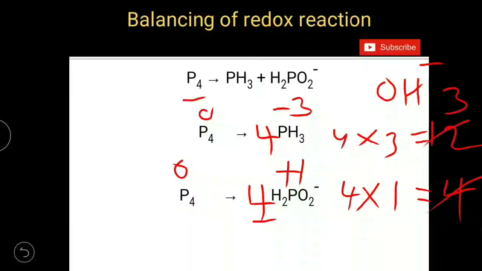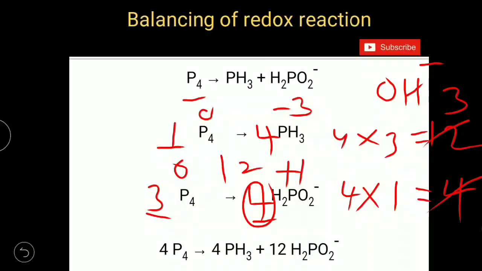So the first half equation will become 1P4 to give 4PH3 and the second half equation 3P4 to give 12H2PO2-, and add both the equations. 1P4 plus 3P4, 4P4 gives us 4PH3 plus 12H2PO2-.